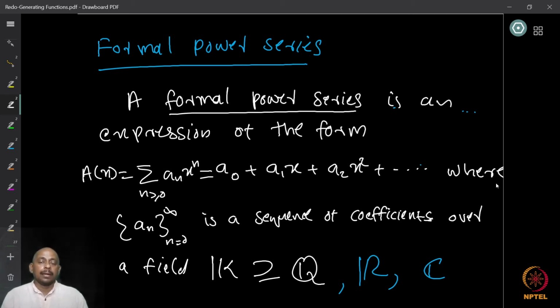It also emphasizes the fact that the series that we look at may not always converge. We don't really worry about the convergence, because what we want is a way to put all the information about the sequence in a nice form, and we are not going to evaluate it at a point for x.